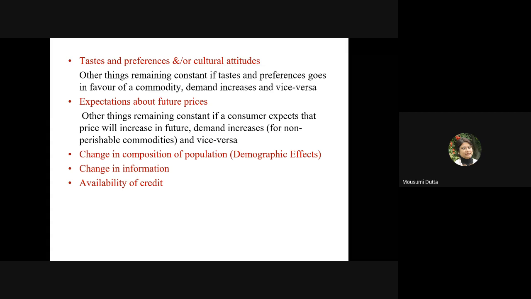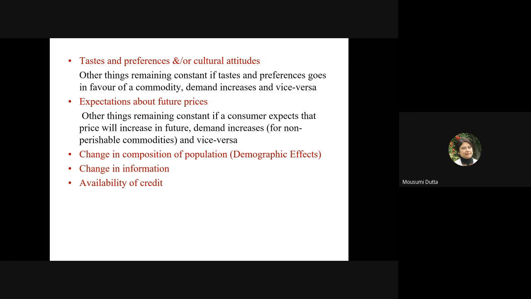There is always some change in cultural attitude depending on social mixing, education, etc. If there are certain changes in your taste and preferences, naturally the demand for the commodities also changes.